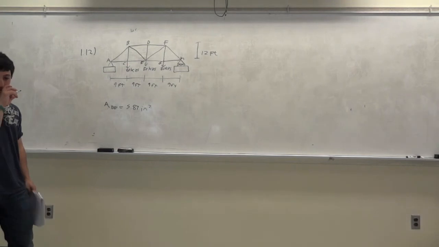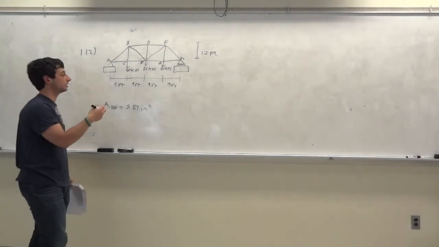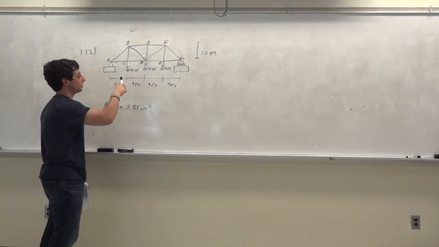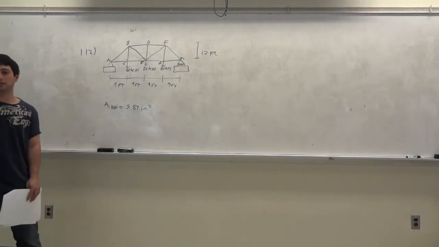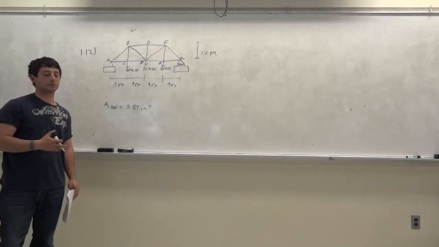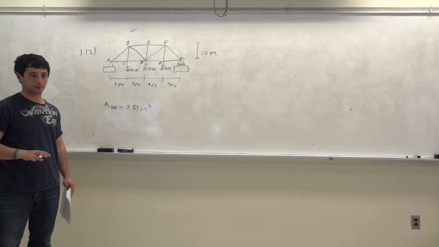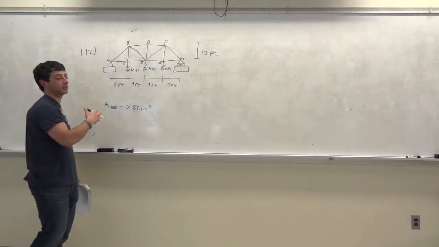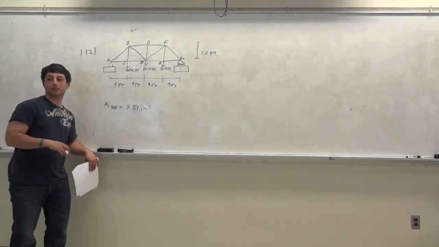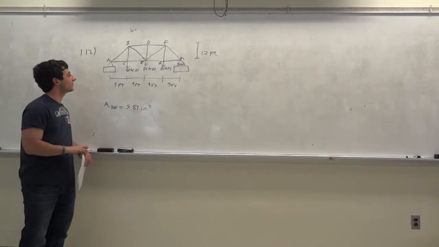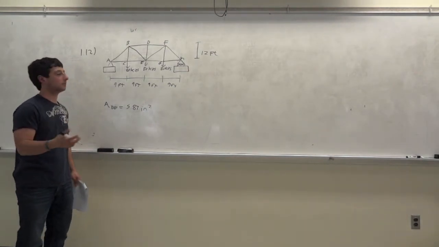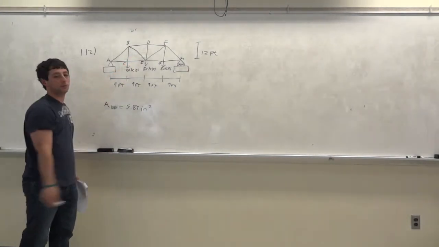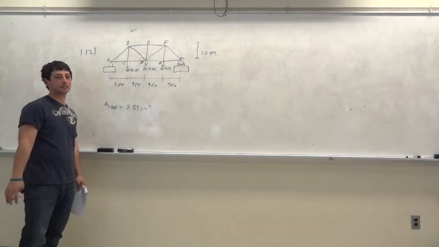So we're going to have to draw a free body diagram of this whole truss and get the reaction forces. Maybe I should ask you guys how to do this, because you took statics. Maybe you aren't familiar yet with the stresses, but you should be able to do this problem, I hope. If you wanted to find the forces in this link, what would you do? Just think of statics.